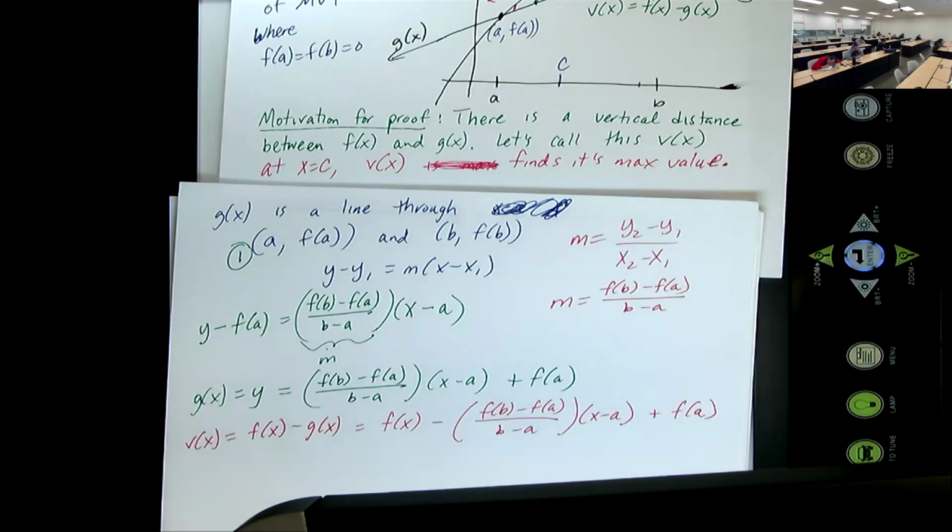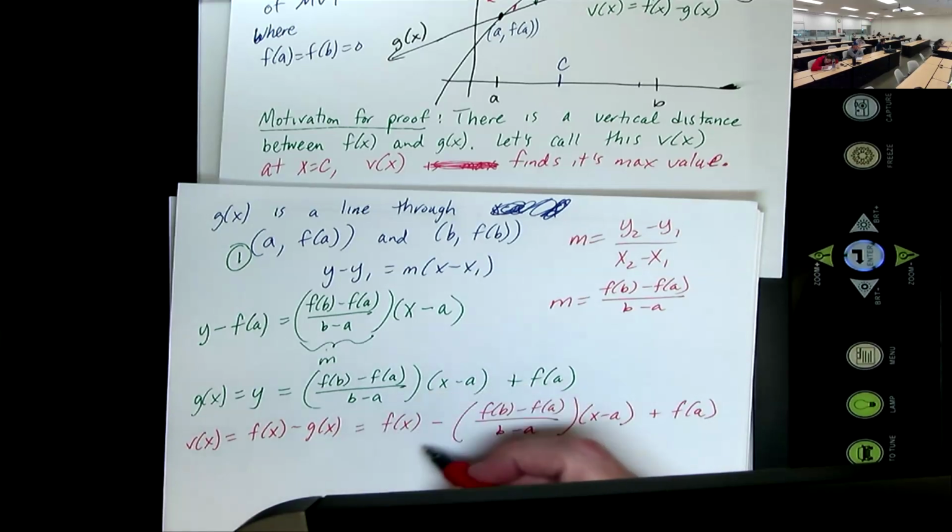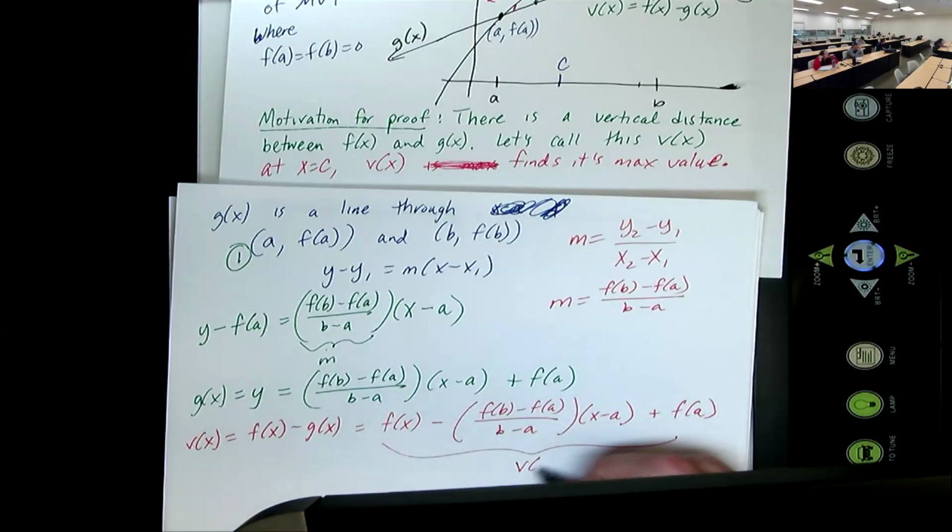I can just subtract f of x on both sides as well, which then also means that we're solving for b of x. This is our b of x, and we're going to use this.